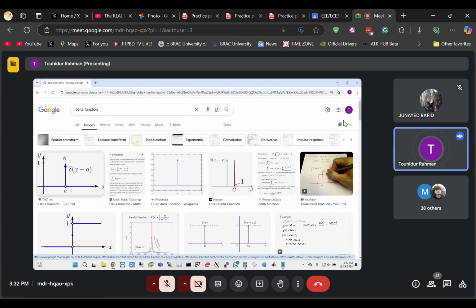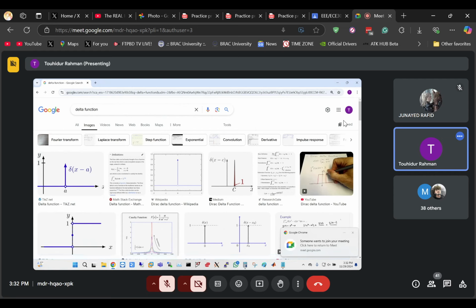It is applied only at a certain time, and before that no signal, after that no signal. Okay, so this is called a short pulse. Ideally it is applied in only one dimension.